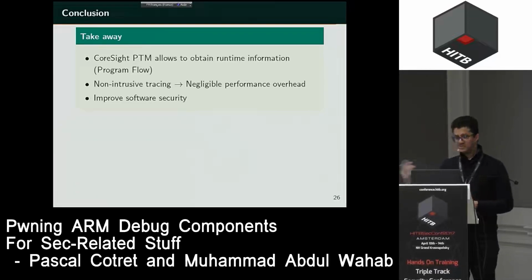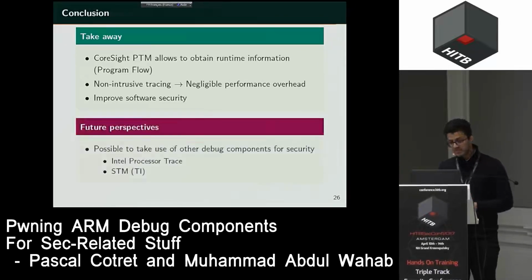It allows us to improve software security by implementing dynamic information flow tracking, for example. In future work we will consider other debug components, and see whether they can be used to implement dynamic information flow tracking. This will allow us to port our approach to other hard-core CPUs.